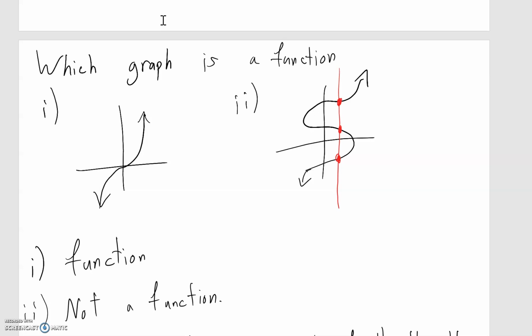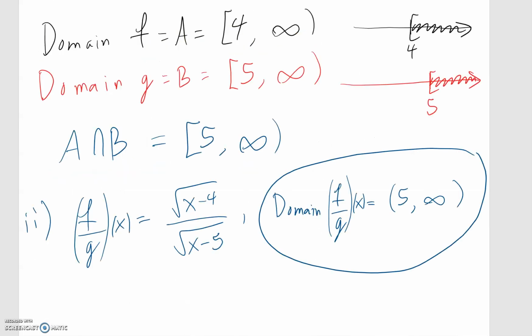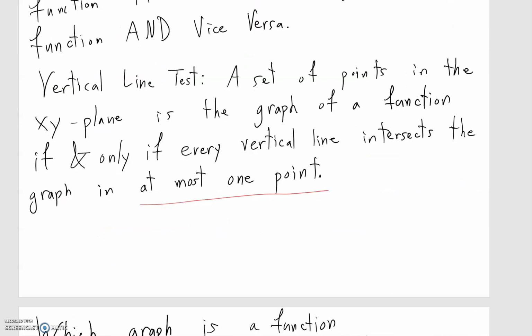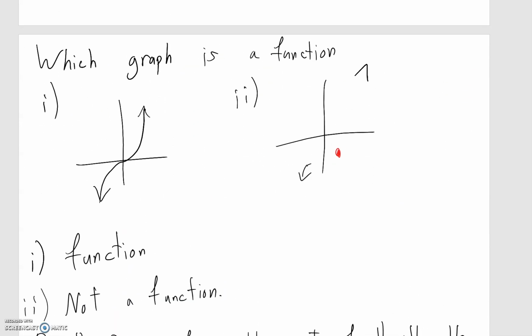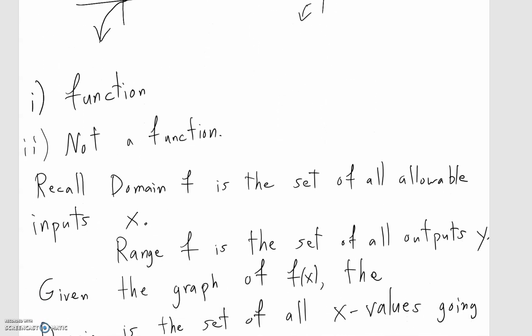So it should be clear to everyone that number 2 is not a function. Oopsie. I just now erased the graph there on accident. I'll have to fix that after this video, I suppose.